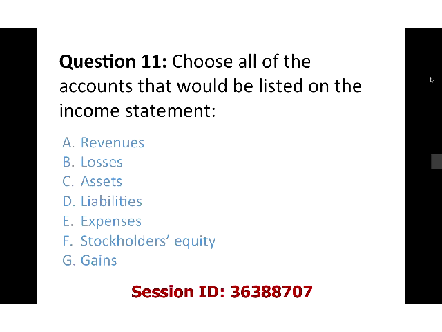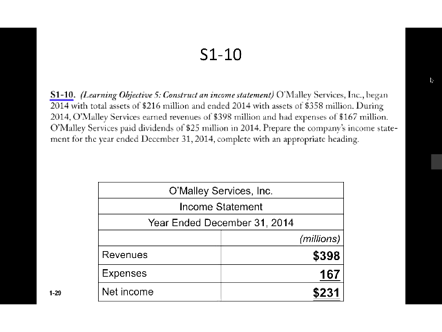Okay, let me tell you one more thing. Here's one more note. You see on our income statement, we've done revenues minus expenses equals income. Something you need to write down: income statements also have gains and losses on them.